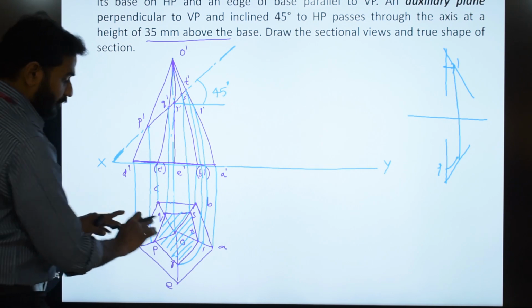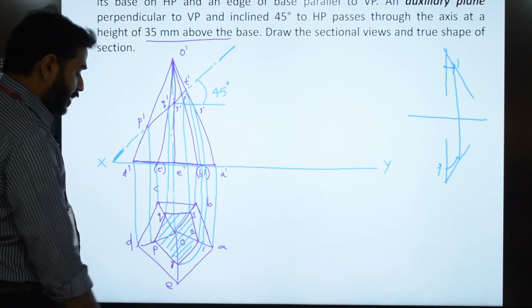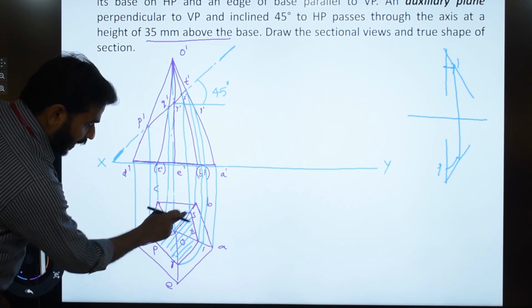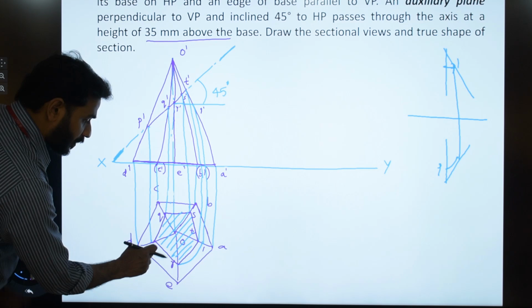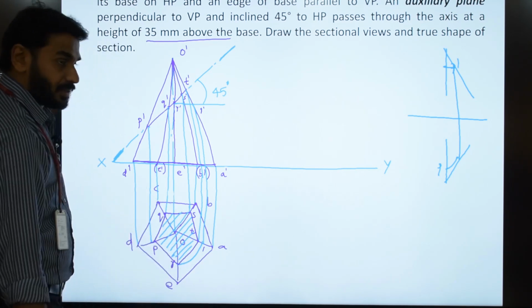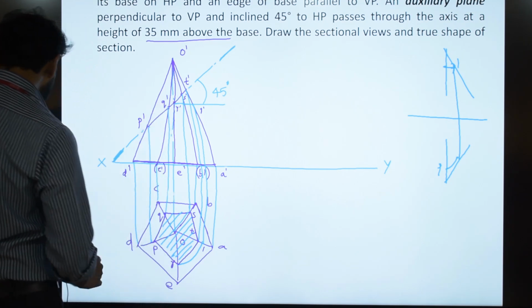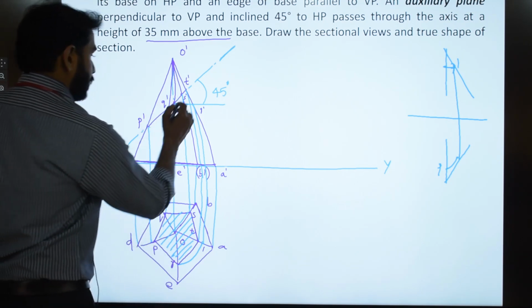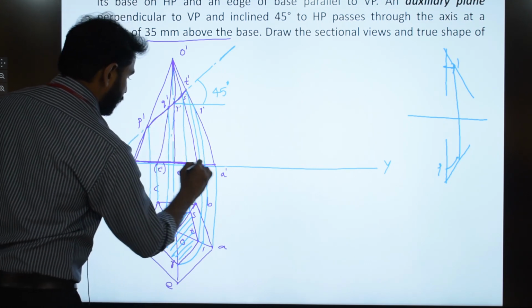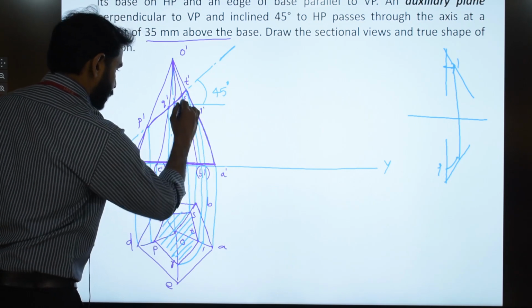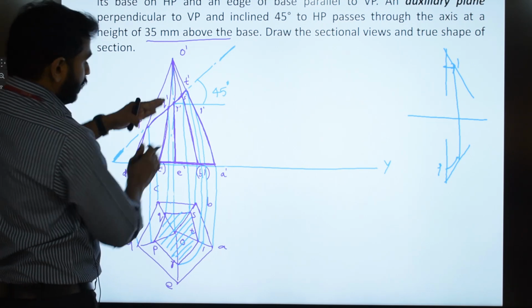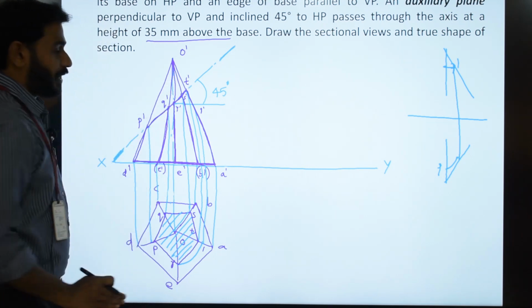Initially, when you draw, it should be drawn using light lines, and the lines from O to Q, OS, OT, OR and OP should be light lines, and only the remaining portion should be made dark. And in the front view also, the portion which is above this line should be light, and only the portion which is below this line should be made dark.